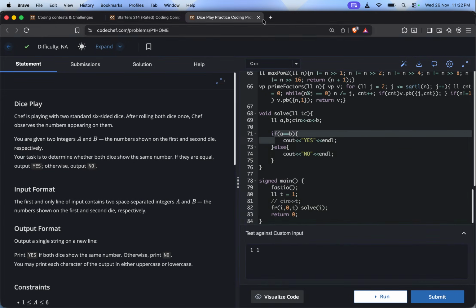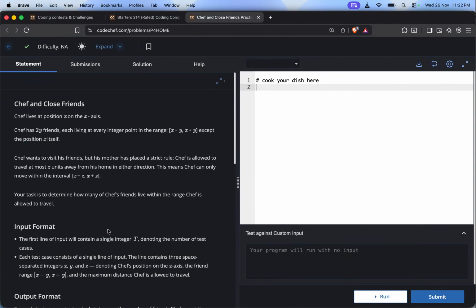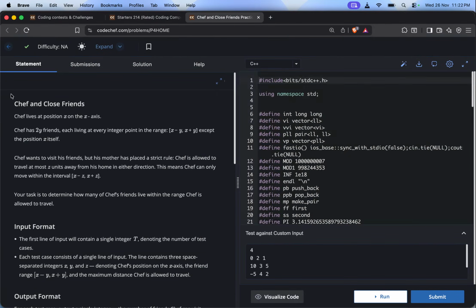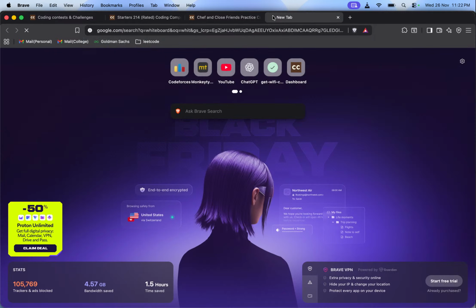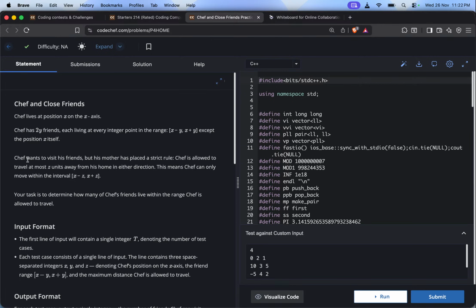Now let's move to the second problem. Chef lives at position X on the X-axis. Chef has two Y friends, each living at every integer point in the range X minus Y to X plus Y, except the position X itself.